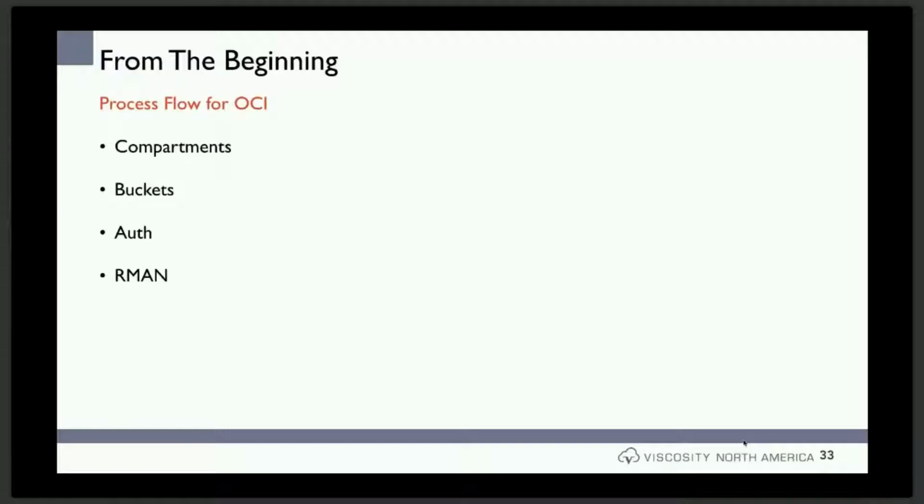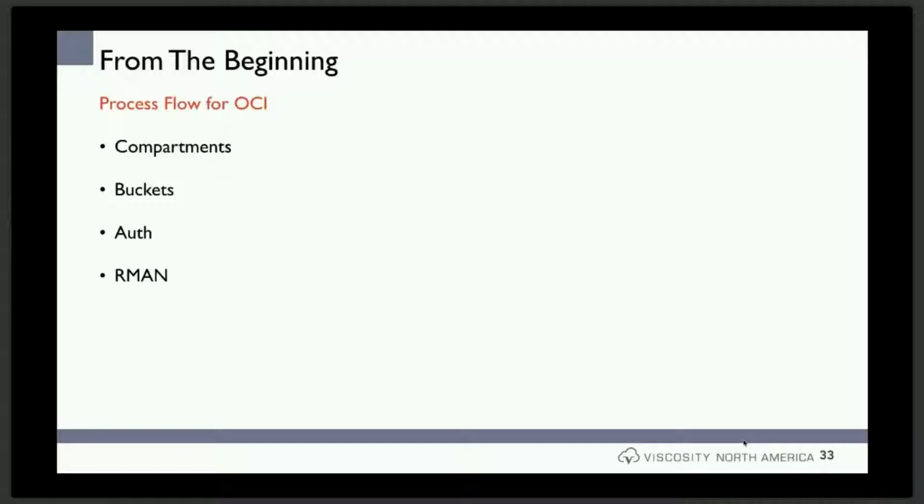Okay, so now we'll have to create a compartment, right? And everything is categorized in a compartment, and resources are granted via the compartment. Within a compartment, we'll create buckets. Buckets are like containers that we create for object storage.